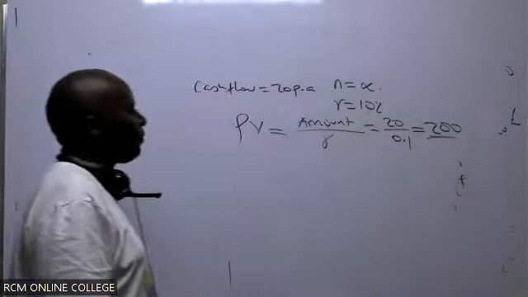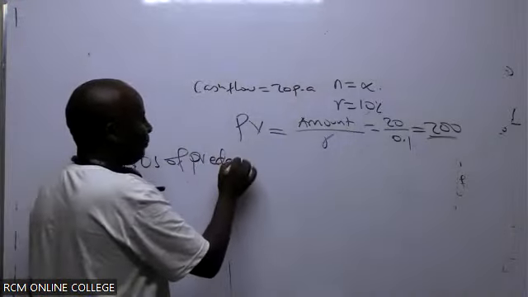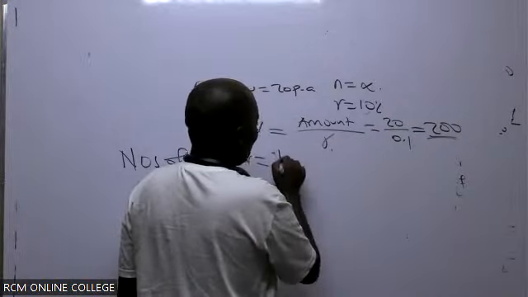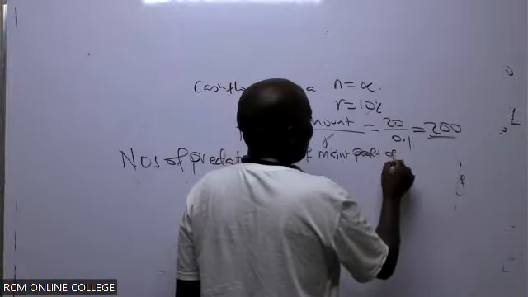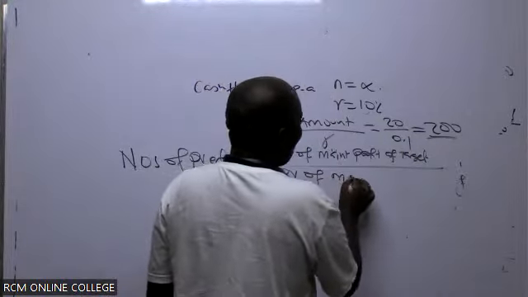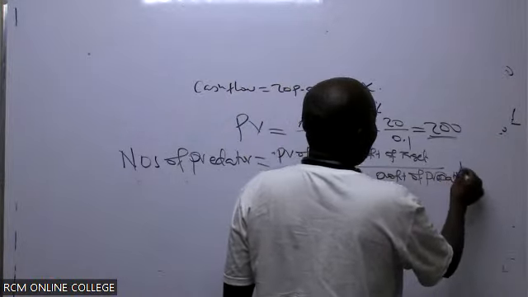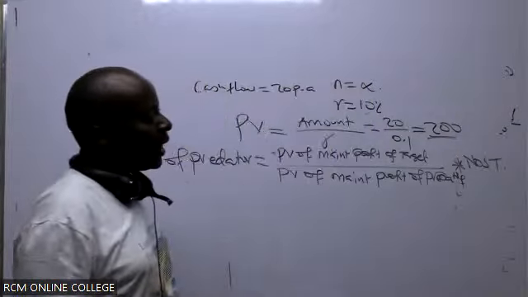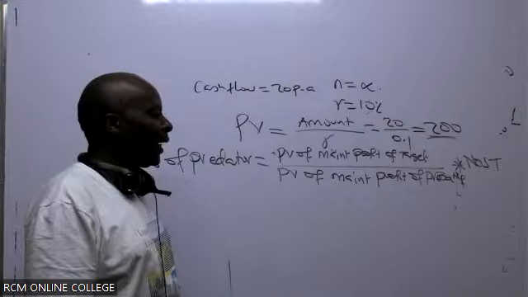So the number of shares of the predator will be equal to the present value of maintainable profits of the target, because we must start with the target up there, over the present value of maintainable profits of the predator, times NT. NT is normally the number of shares of the targeted company.